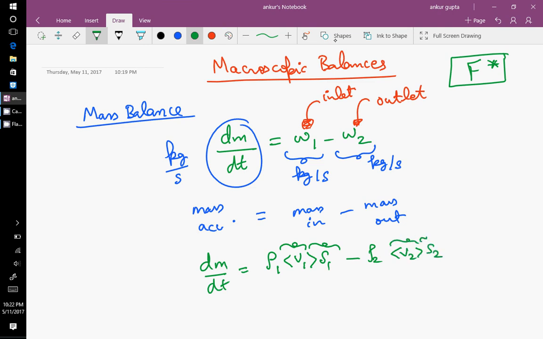The units of V1 are meter per second, the velocity in the first opening, and S1 is the area of the first cross-section. The units of rho1 are kg per meter cubed. So if you multiply, you will get kg per second. This is the mass flow rate: mass flow rate in minus mass flow rate out.